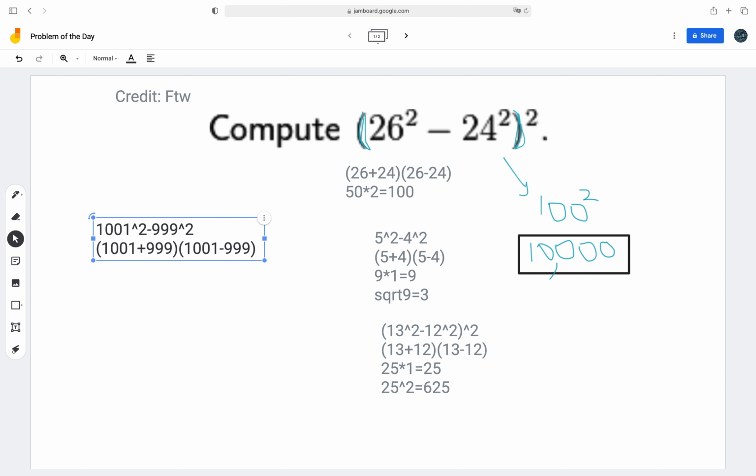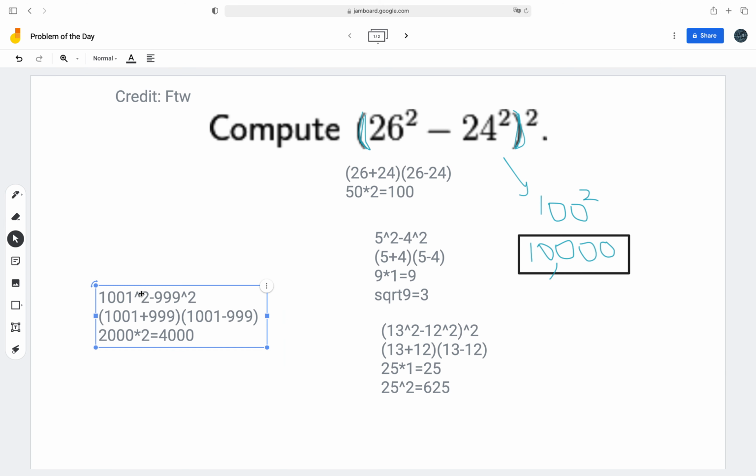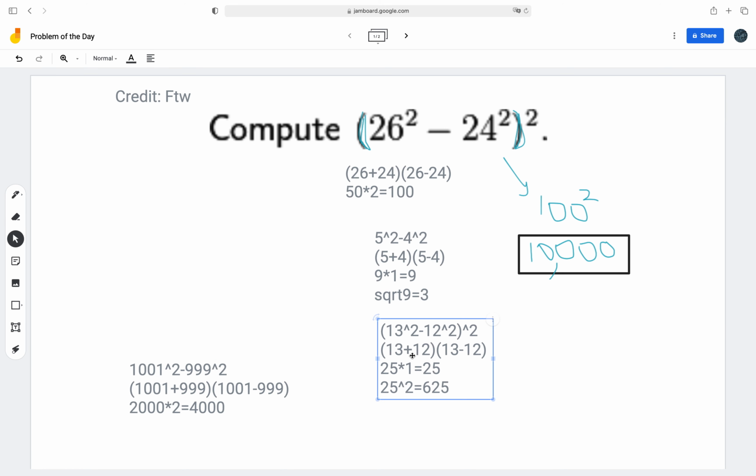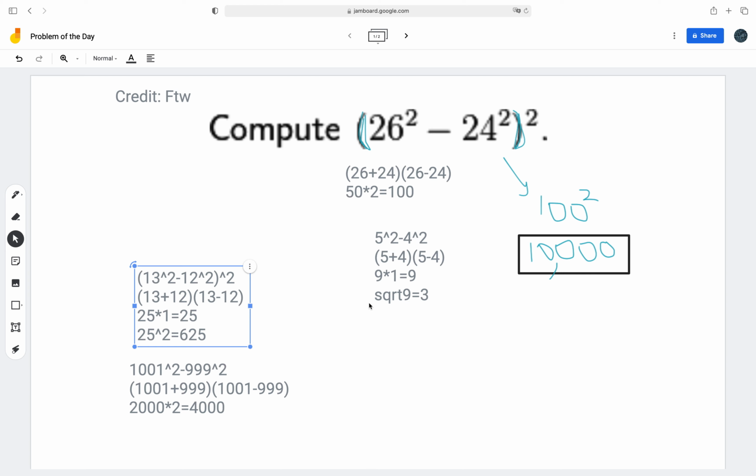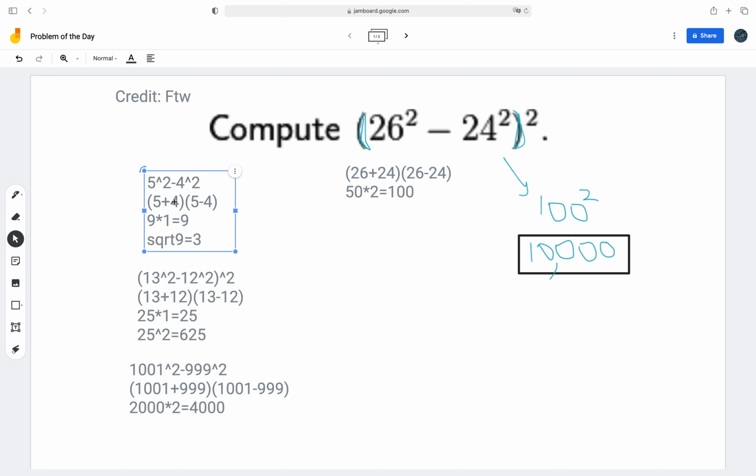If you add those, you get 2000 times 2, which is 4,000. So that's basically how you do difference of squares. We have multiple problems here just for you to see how to do it. This has come up in the past and it's just a great trick to know.